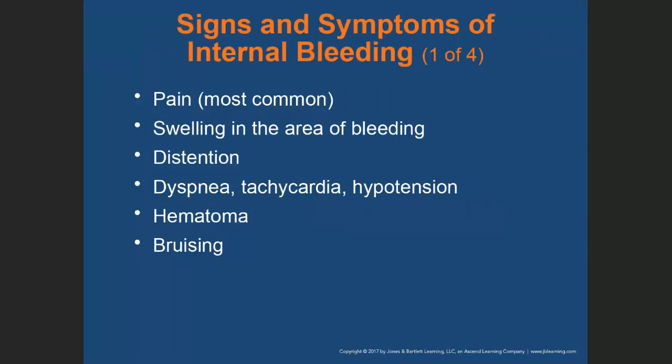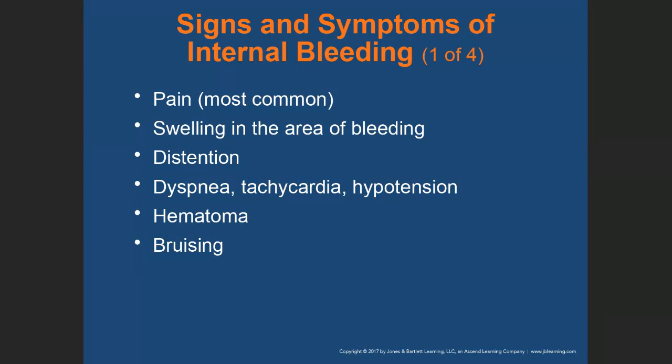Signs and symptoms of internal bleeding: pain, very common. Swelling in the area of bleeding, can say distension, and distension for your abdominal injury patient is a late finding. They can have dyspnea, tachycardia, hypertension, and they can have hematoma or bruising.